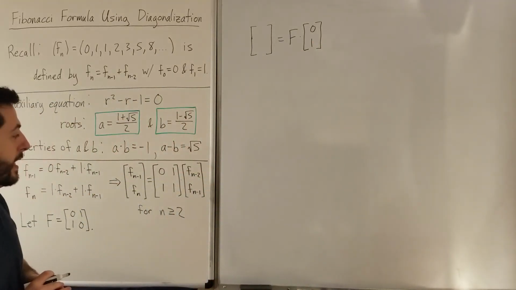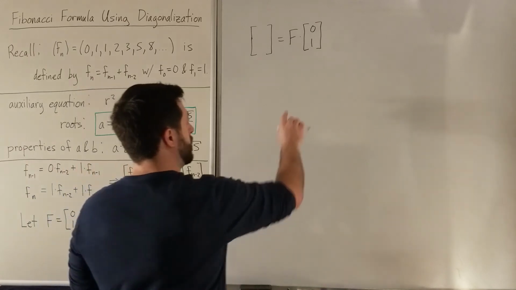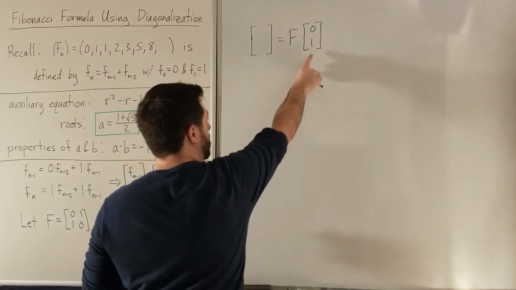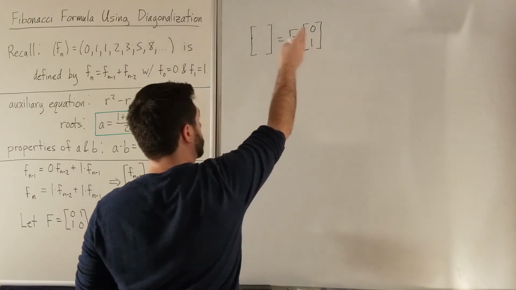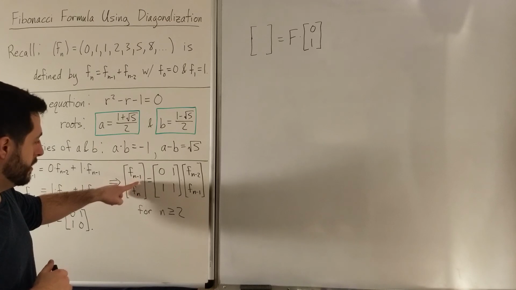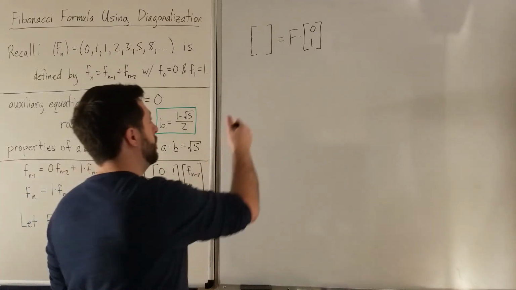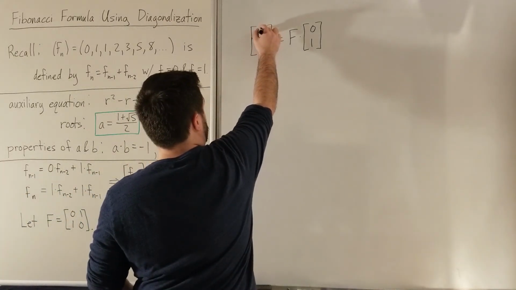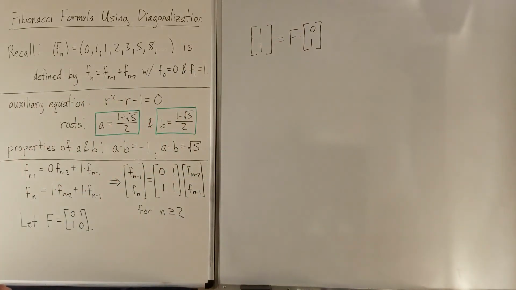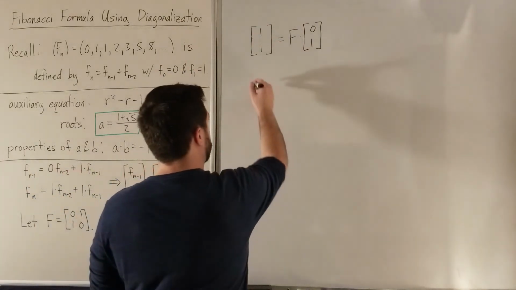So this is plugging in n equals 2. The 0th term of the Fibonacci sequence is 0, and the first term is 1. And doing this should shift up and give us the first term and the second term.